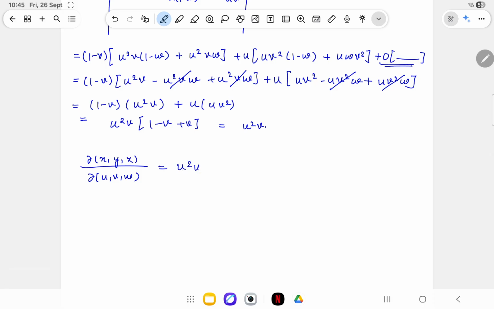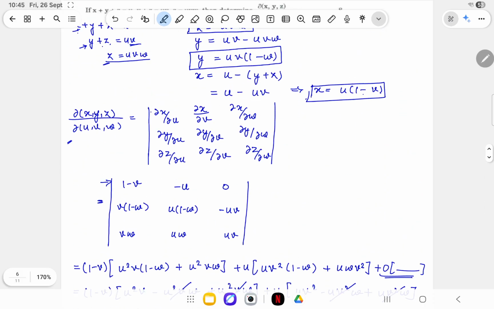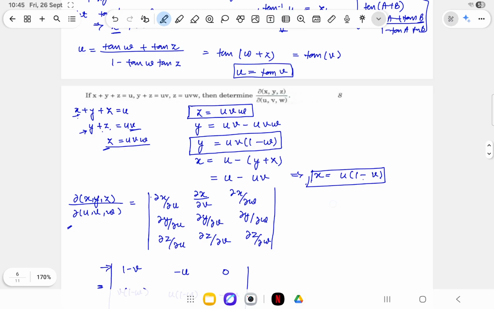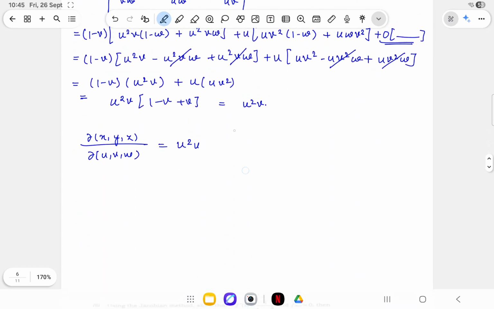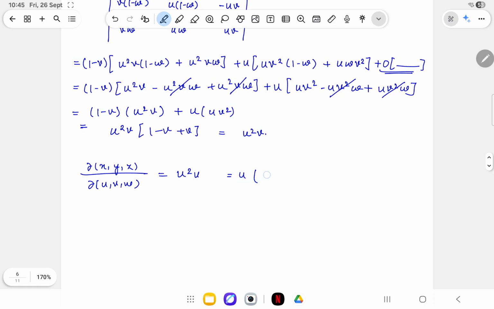Now let's reduce it back in terms of x, y and z. Our uv is y plus z, so I can write it as u into uv. My u is basically x plus y plus z, and uv is y plus z. So this is basically the required Jacobian.